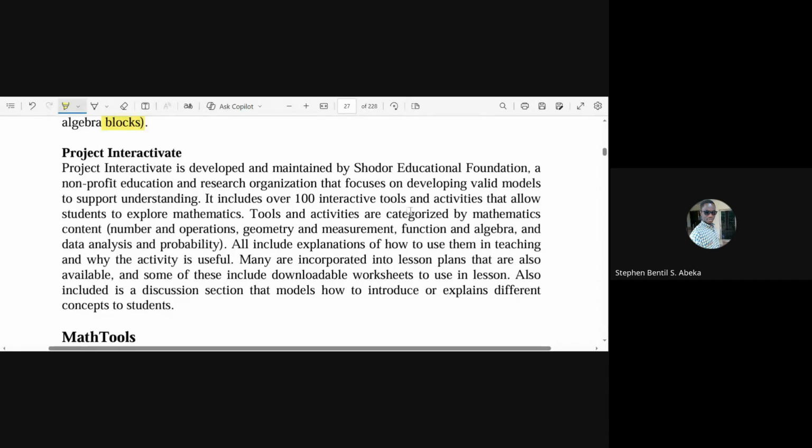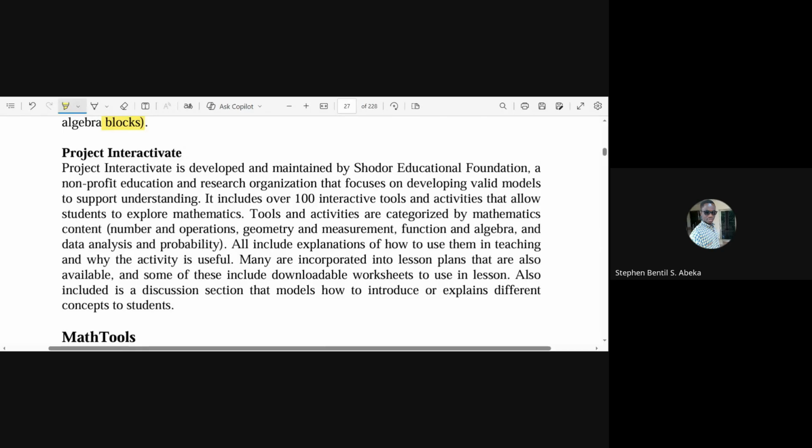Project Interactivate is deployed and maintained by Shodor Educational Foundation, a non-profit education and research organization that focuses on developing valid models to support understanding. It includes over 100 interactive tools and activities that allow students to explore mathematics. Tools and activities are categorized by mathematics content: number and operations, geometry and measurement, function and algebra, and data analysis and probability.